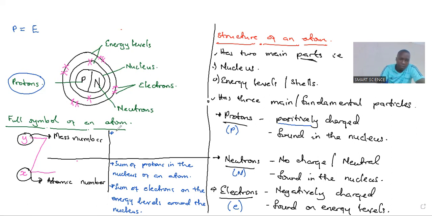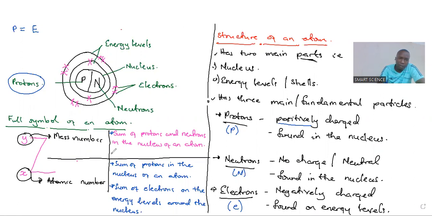Now, if you come to the nucleus and add protons plus neutrons, then you get what we call the mass number. So you will come here and say sum of protons and the neutrons in the nucleus of an atom, simply because both of them are found in the nucleus of an atom.